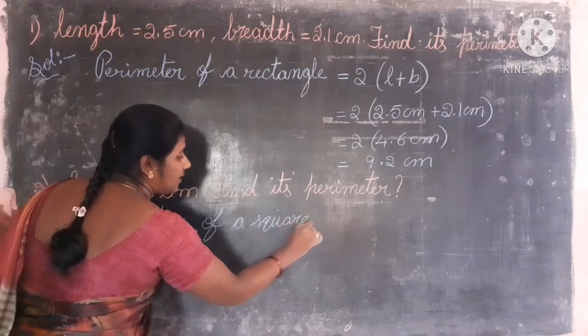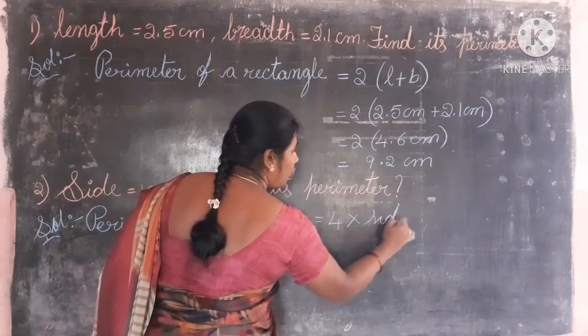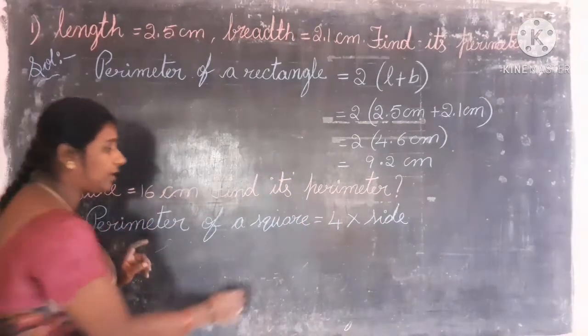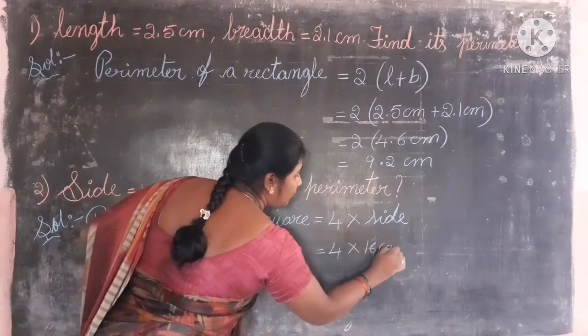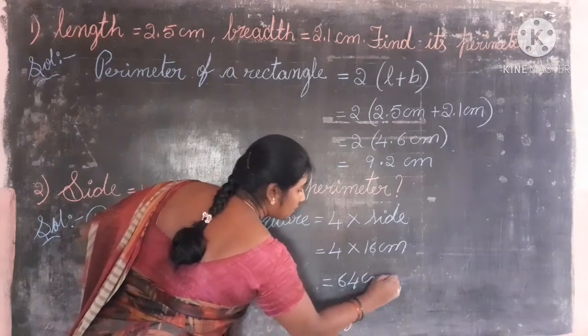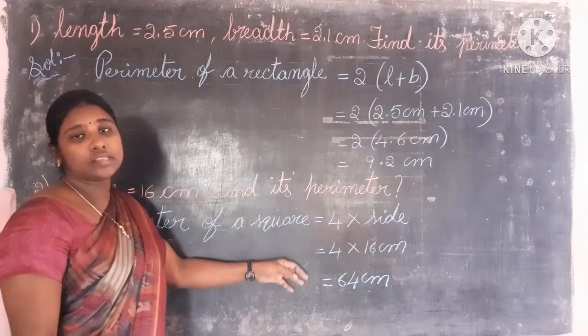Perimeter of a square is equal to 4 into side. How much side is given here? 16 centimeters. So it is 4 into 16. 4 sixteens are 64. 64 centimeter.